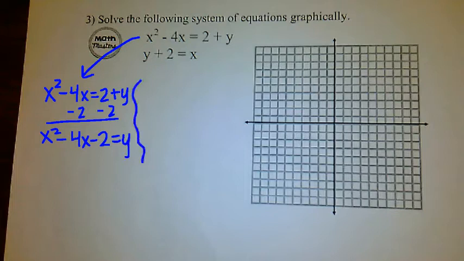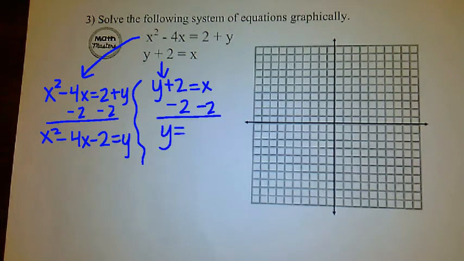There's my first one, and then y plus 2 equals x. So subtract that 2. Remember, you always like it in y equals mx plus b form. For the quadratic, you want to keep that in standard form. Now, if you wanted to rewrite this to look a little nicer, you can absolutely do that. And then again, throw those into your calculator and graph.